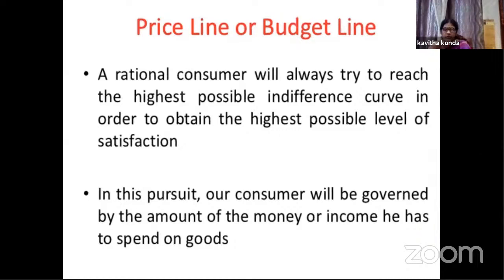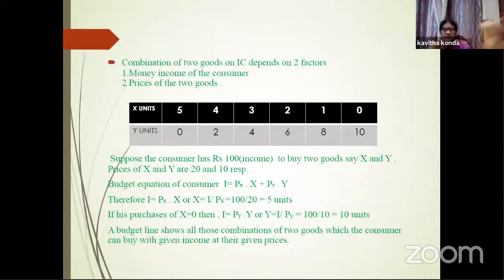Whatever we explained in the indifference curve about the combinations, in order to get those two combinations of goods, he wants to spend money and has to purchase by paying the price. So in this concept, the two factors explain that the IC curve depends on the income and the prices.